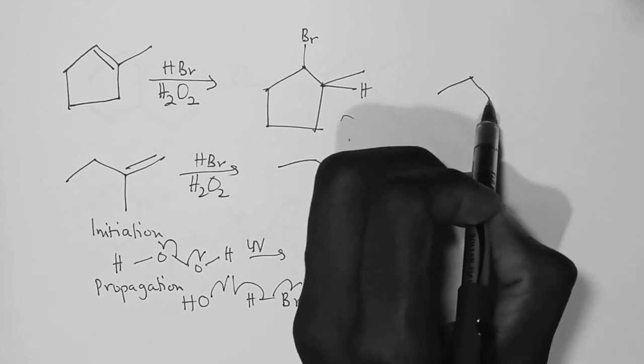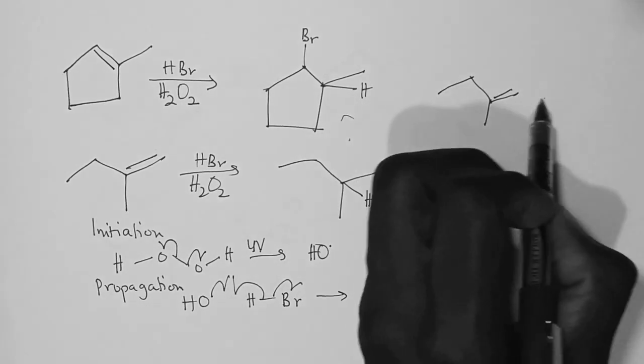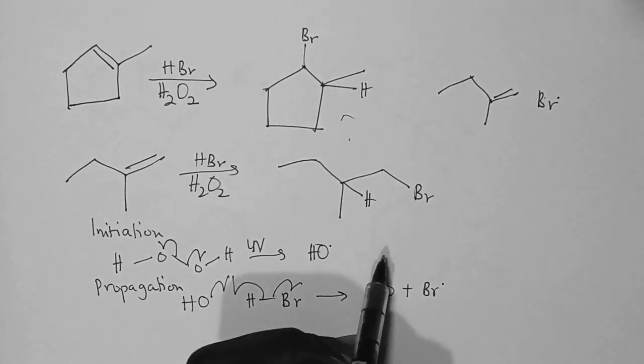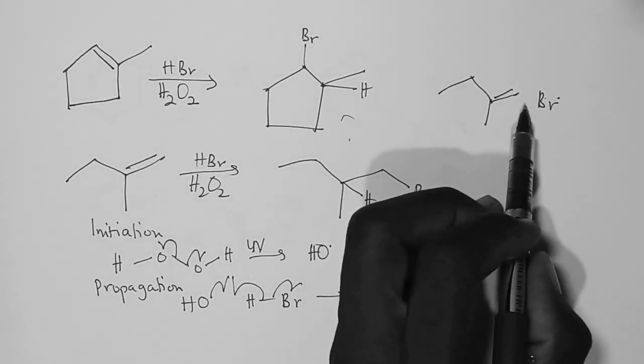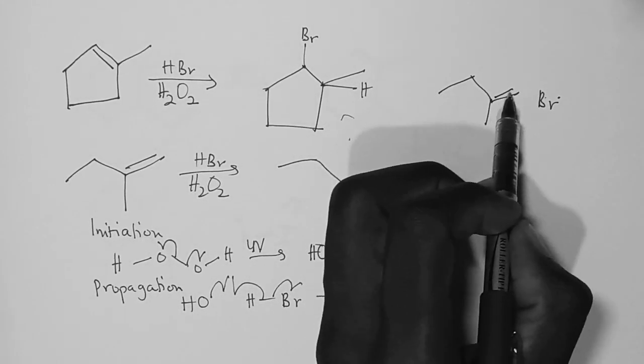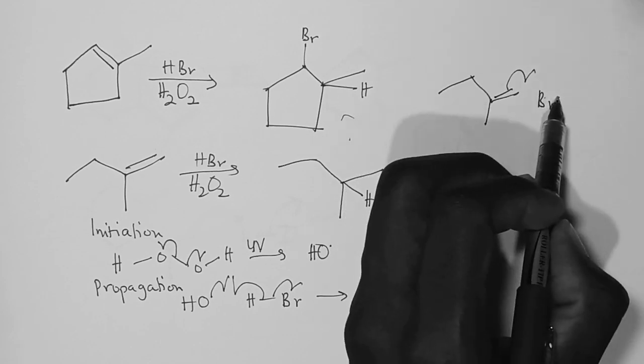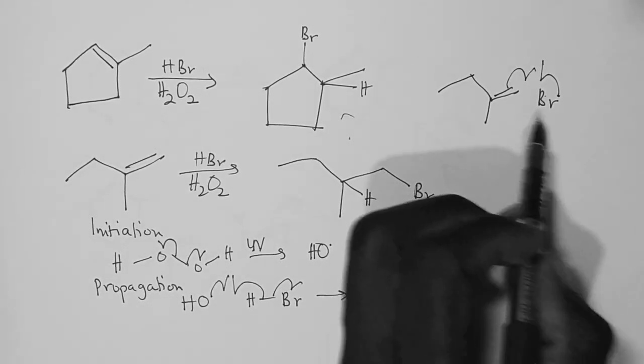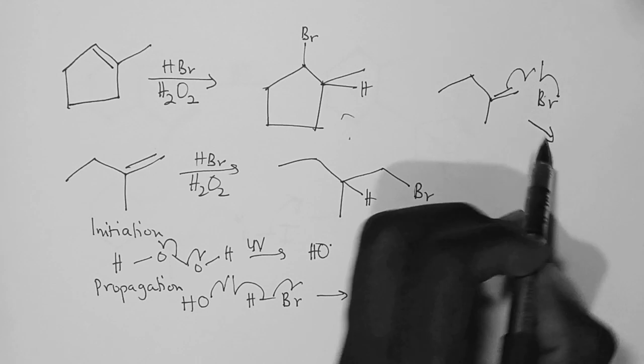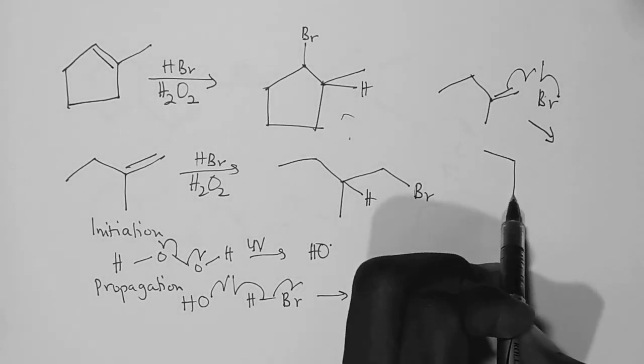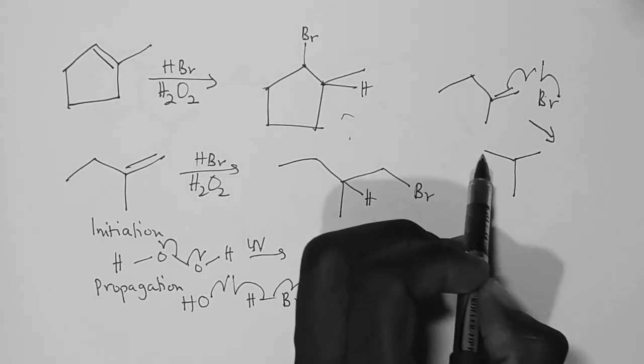So using this, we have the bromide radical. Now there are two places it can attack. So let me show this. When the attack happens, we have the possibility of getting these two products.